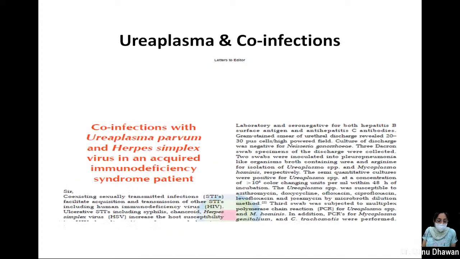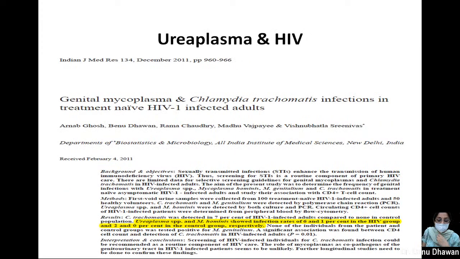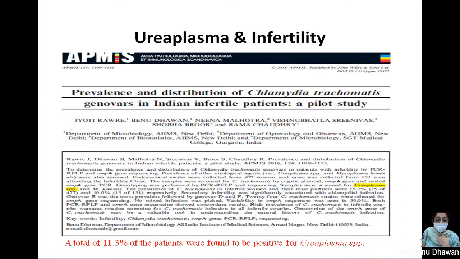Then co-infections not just confined to bacterial STIs, but also with other STIs, the viruses like herpes simplex virus in an HIV patient. Just to highlight how these STIs can co-infect a person. Then the prevalence of these mycoplasmas in treatment-naive HIV infected patients.